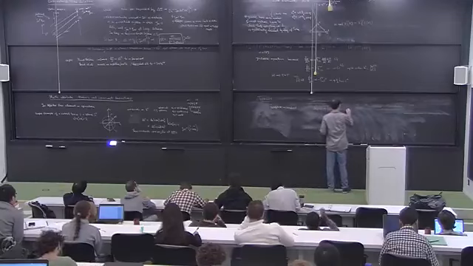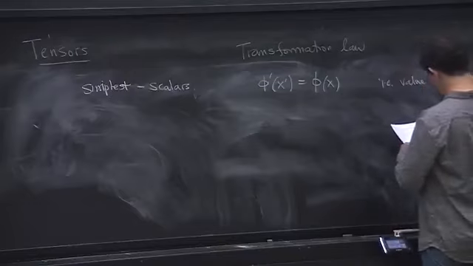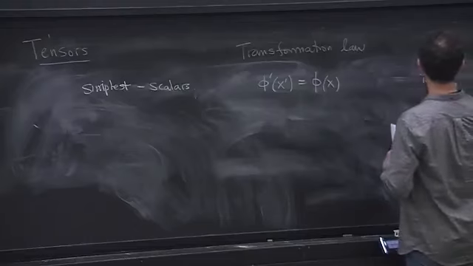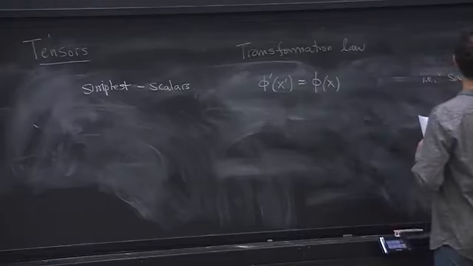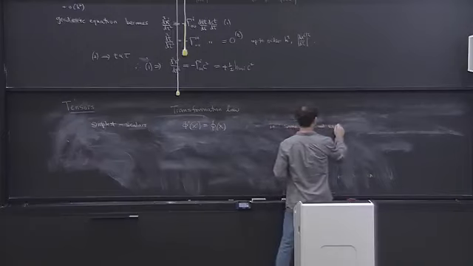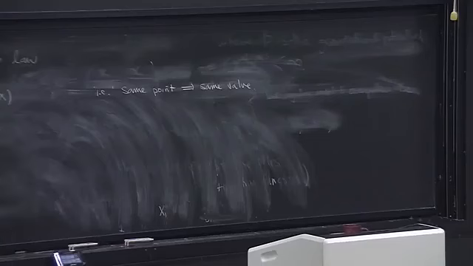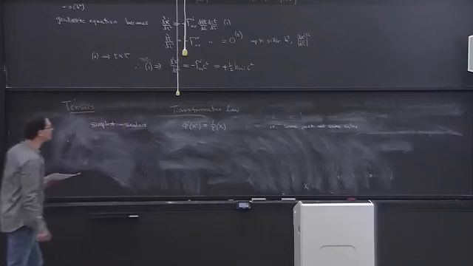Okay, i.e. the same point gives you the same value. Okay, same point does not mean same coordinates. Okay, the same point has totally different coordinates in the two coordinate systems. But if the coordinates are x in one coordinate system, they are x prime in the other coordinate system.